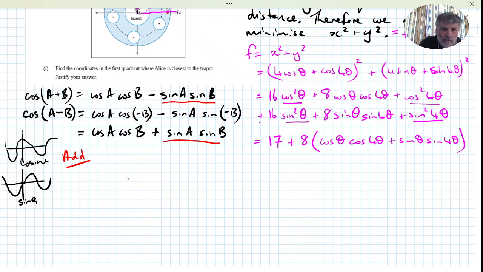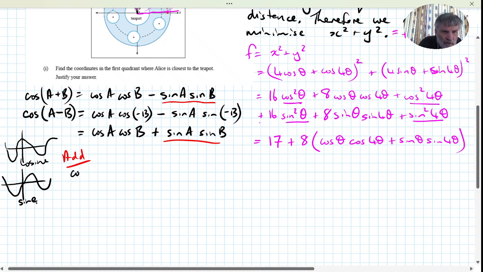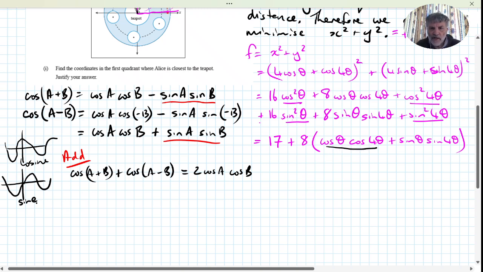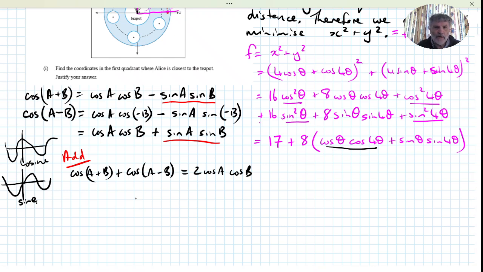So we get cosine A plus B plus cosine A minus B is equal to, these ones double up, 2 cosine A cosine B. And that's basically what we've got here. We've got a cosine A, cosine B term, so we can split that into the cosine of the sum and the cosine of the difference of the terms.